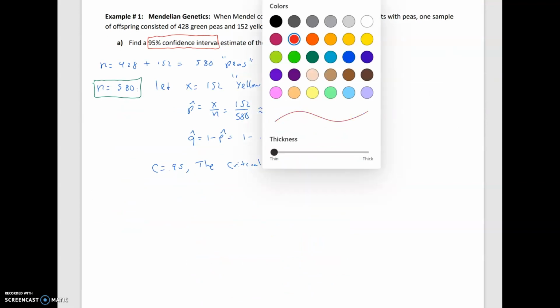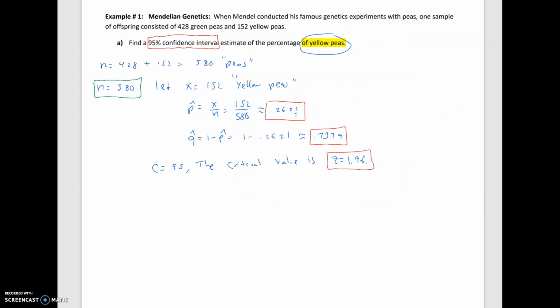And we technically have all the values for the standard error. So at this point, let me jump into the standard error.